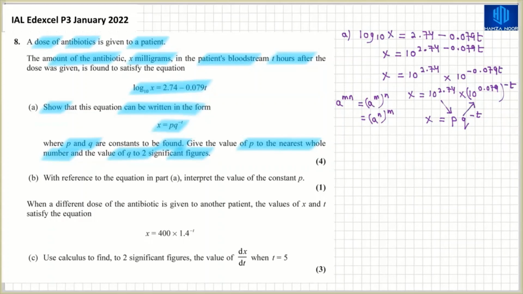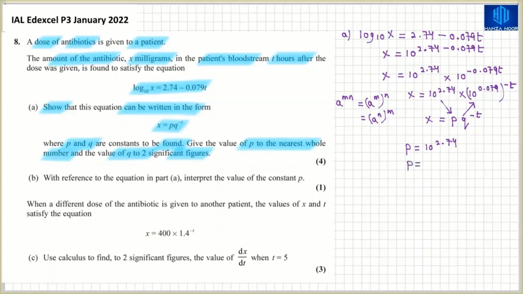But we need p and q according to a certain requirement: p correct to the nearest whole number and q correct to two significant figures. First, we evaluate p, which is 10 raised to the power 2.74, correct to the nearest whole integer.